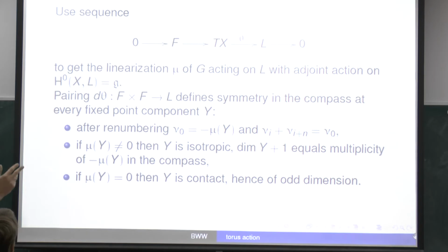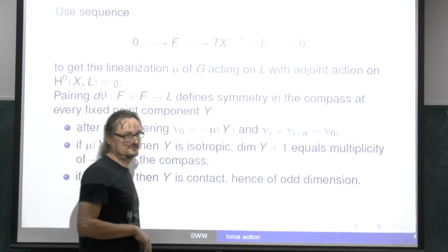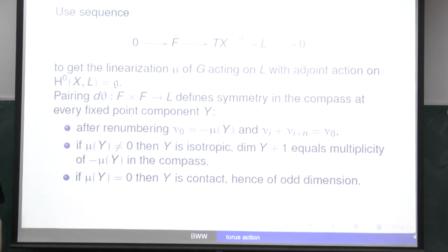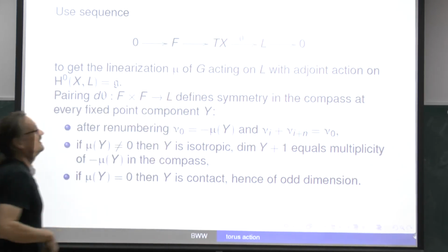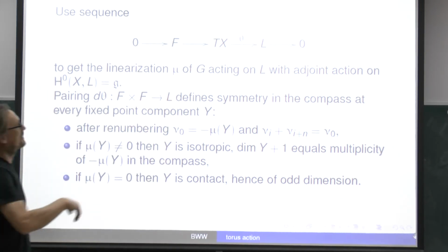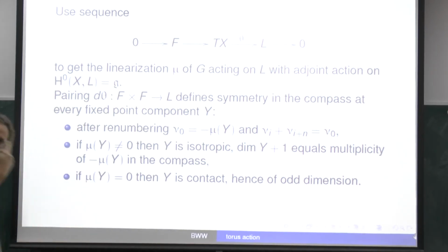But at any rate, you can identify the sections of L, maybe none, with the Lie algebra of this group G, and G acts via the standard representation coming from Tx on this H0, like it acts on G via the adjoint representation.